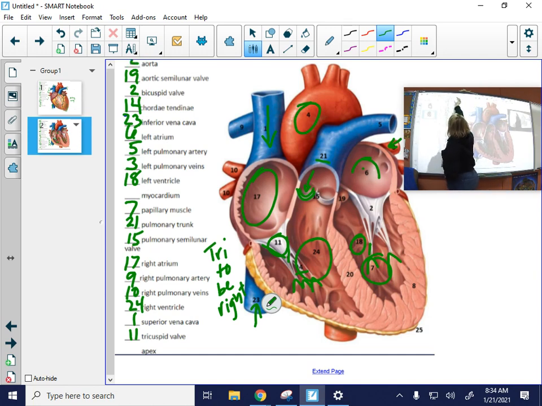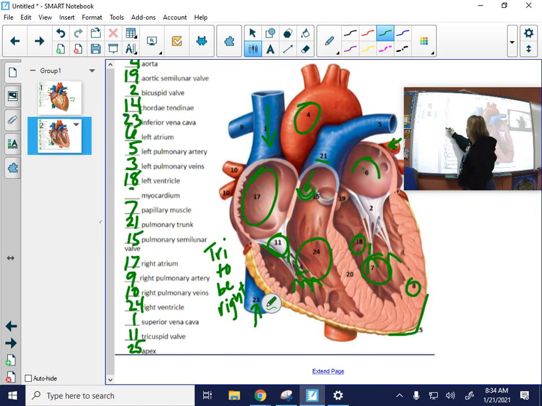Oops. There we go. And so we have the apex left. That's number 25. And we have the myocardium, which is number 8. Actually, all of this is myocardium.